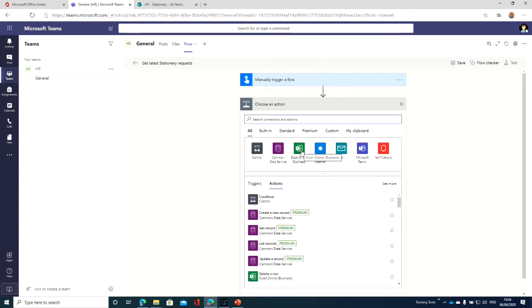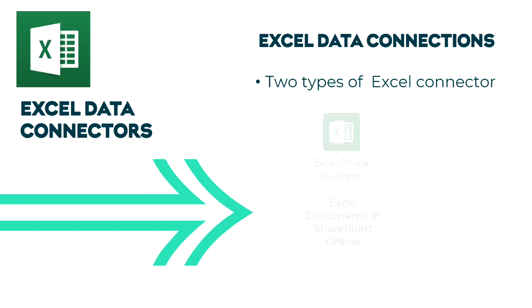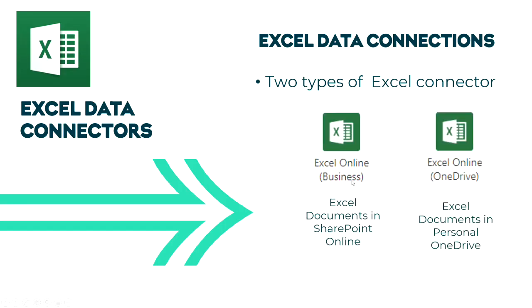connecting to the Excel Online Business. So the important thing is there are actually 2 different types of Excel functionality or data connections. You have the Excel Online Business, which is the Office 365 one. You have the Excel Online, and we put OneDrive in brackets because it's the free or the personal Microsoft account Excel that you get. So very, very key.